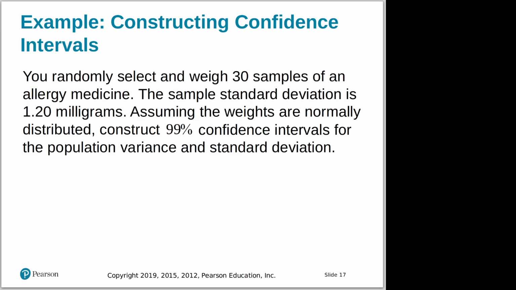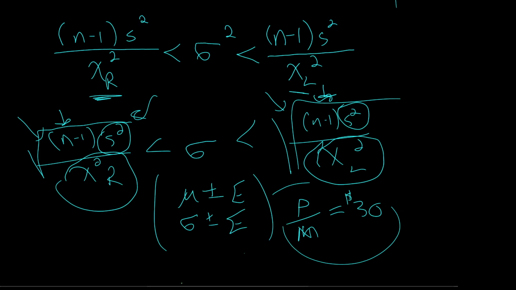We're selecting 30 samples of an allergy medicine, and the sample standard deviation is 1.2 milligrams. Assuming the weights are normally distributed, we want a 99% confidence interval for the population standard deviation. Let's pull our key values over into our workspace.